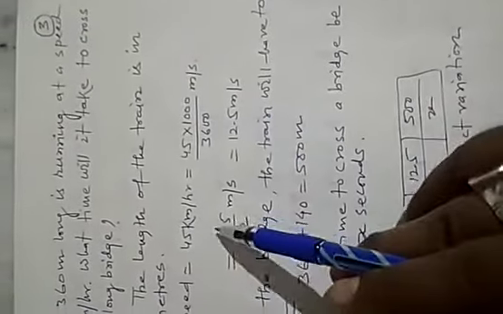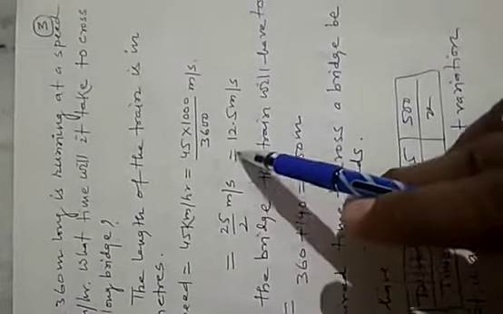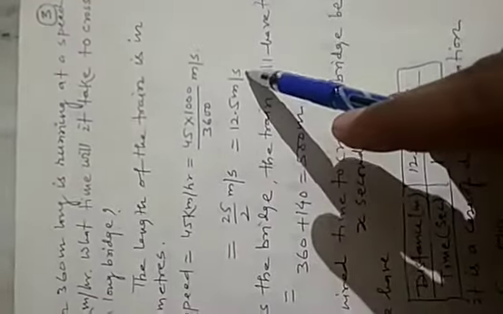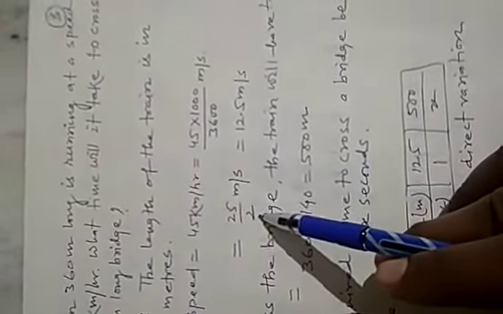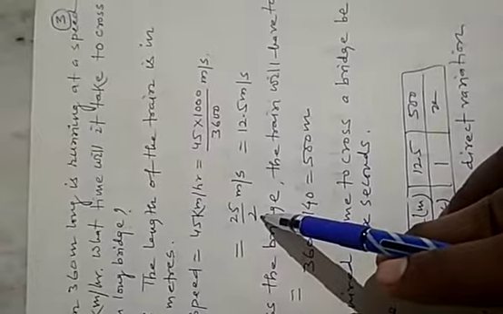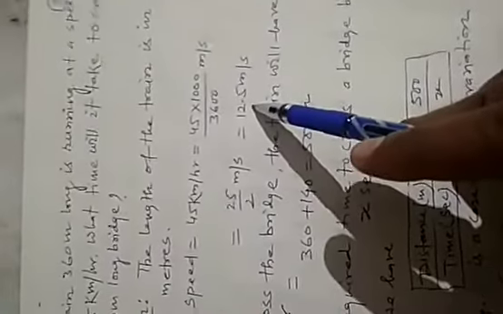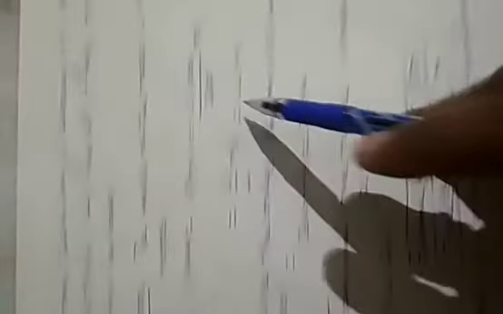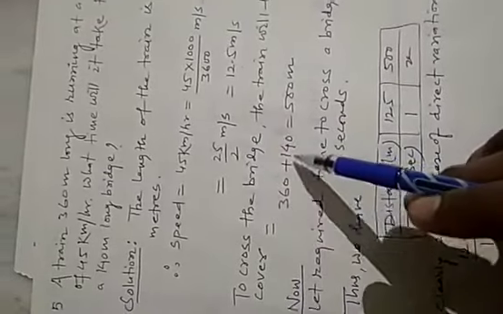We get result 25 by 2 meter per second is equal to 12.5 meter per second. Now, to cross the bridge, the train will have to cover 360 meter plus 140 meter.